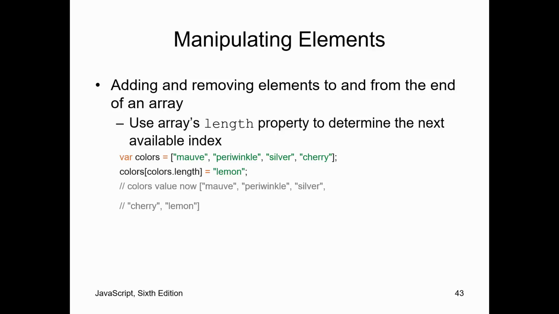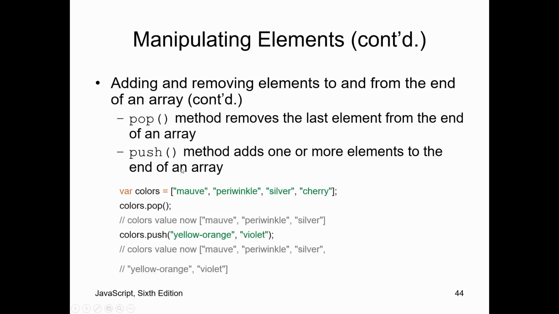Now, one thing I didn't mention before about arrays that I should is that with arrays in most programming languages, not JavaScript, but in most programming languages, once you set the size of an array, you can't change it. In JavaScript, you can. You can add elements. Once you get to the array, you can just make it bigger. And sometimes, as it says, you use the length property to add to the next one. We'll go over all this stuff as we're going on.